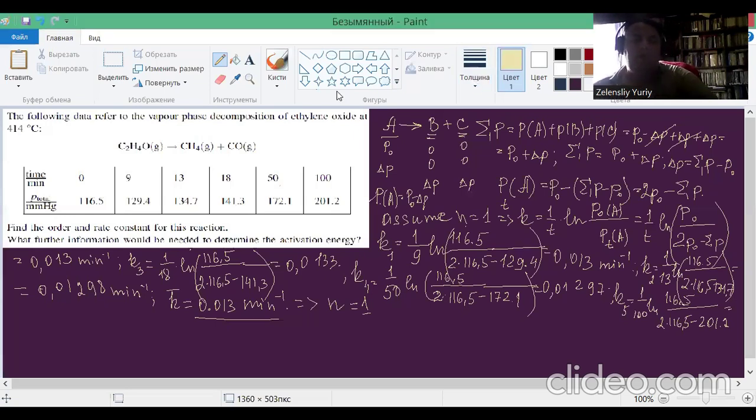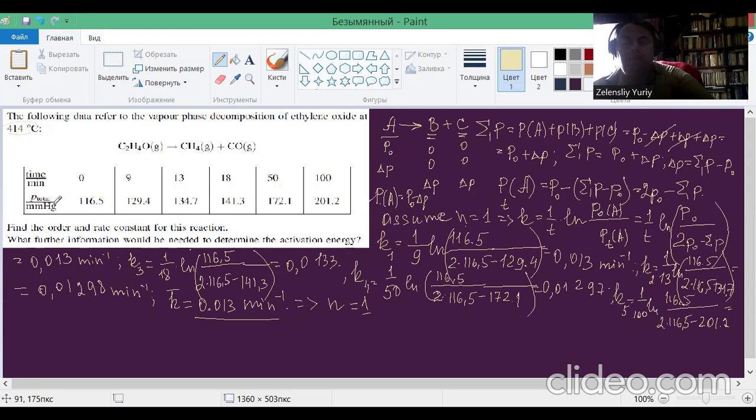And we are supposed to answer the last question in this assignment, which is what else we should know in order to calculate the activation energy. Well, in order to be able to calculate the activation energy for this reaction, we need to know the same data, but for another temperature, and preferably close to this one.